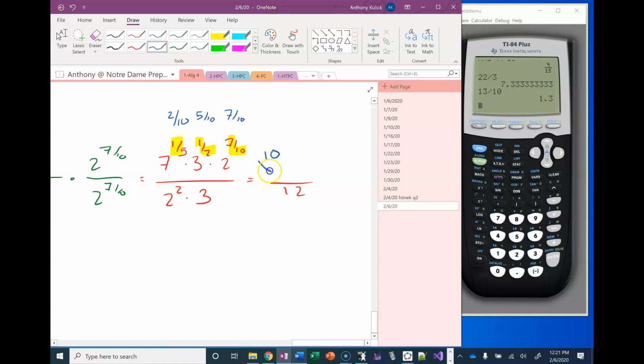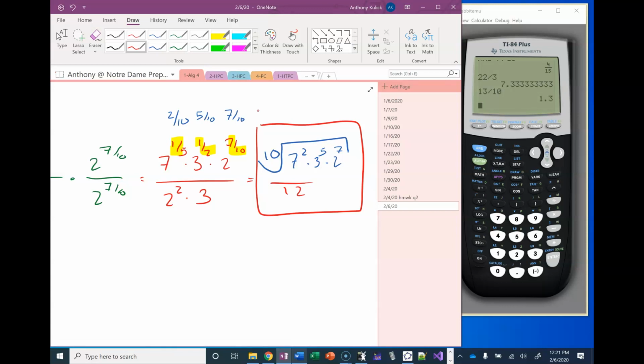So that means we're going to have the 10th root of 7 squared times 3 to the 5th times 2 to the 7th. And that's where I'll stop. I'm going to stop here for today.